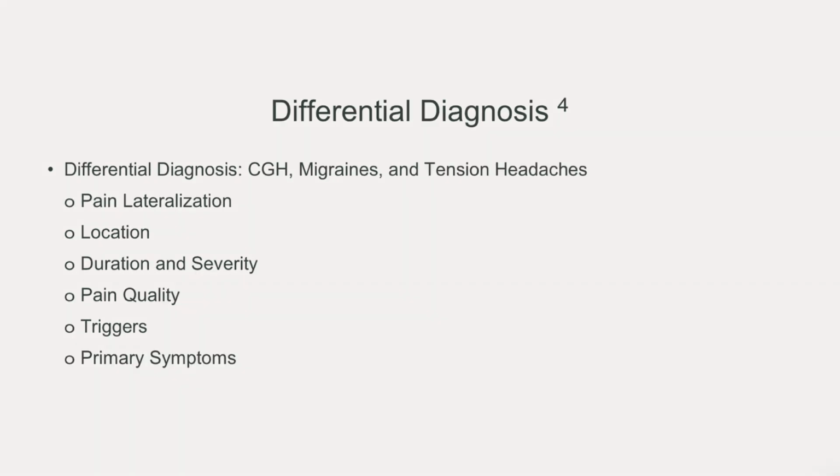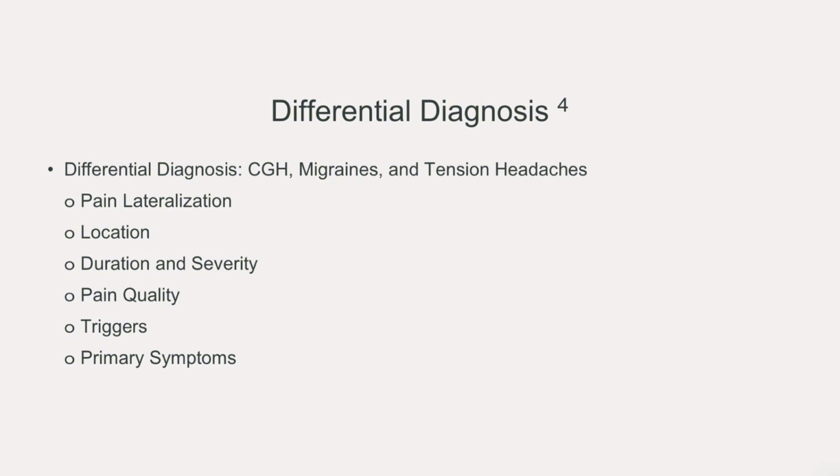Differential diagnosis of cervicogenic headaches includes migraines and tension type headaches. Let's just go over a few of the measurements for diagnostic measures. Pain lateralization: cervicogenic headache pain is unilateral without side shifting, while migraine pain is 60% unilateral with side shifting, and tension headaches are bilateral and diffuse.